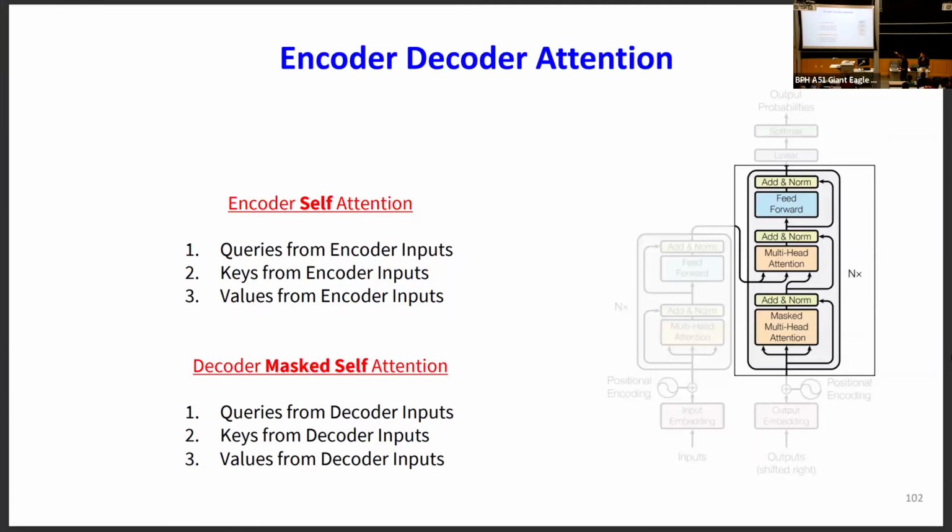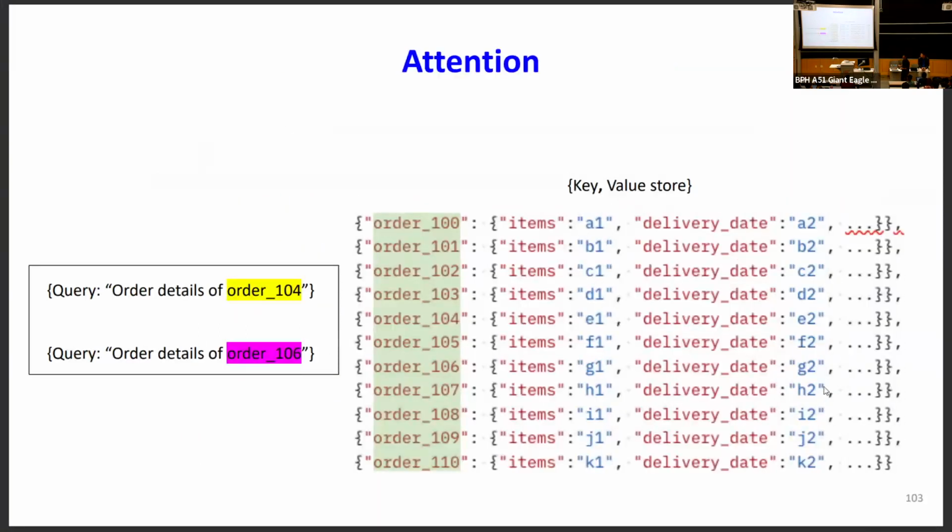But if you see in the diagram, the final output from the encoder comes back to the input in the multi-head attention for the decoder. Why does this happen? Let's have a look. If we go back to our previous attention discussion, we had some queries that were looking for information, and we had a key-value store that had the information.